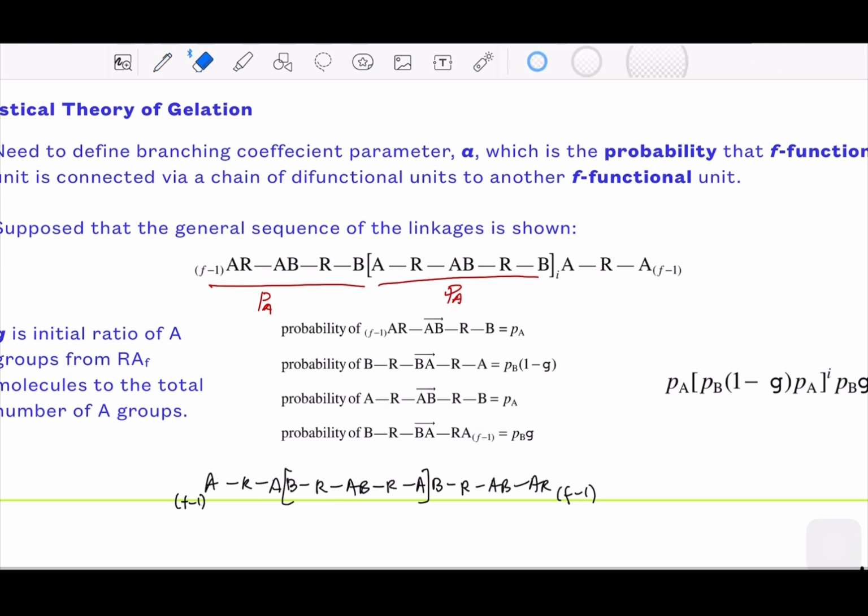A, BR, BR, BA, RA here. Okay, this is PB. And this is PBG, and PB 1 minus G.